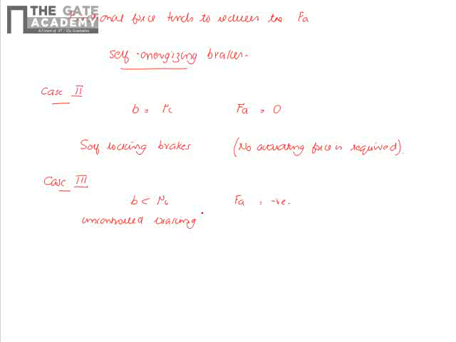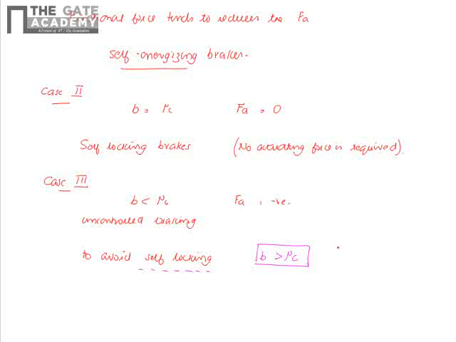Therefore, to avoid self-locking of the brake, the condition should be that B should be greater than mu c. This is the condition to avoid self-locking.